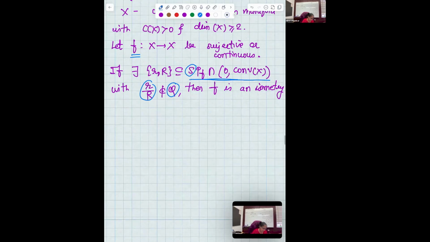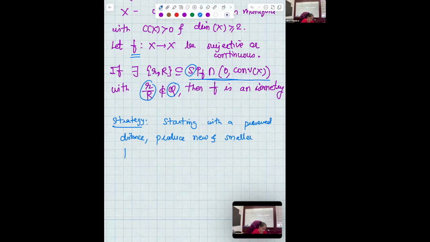So to prove this theorem, here is a very outlined strategy. You start with a preserved distance, and you produce new and smaller preserved distances.